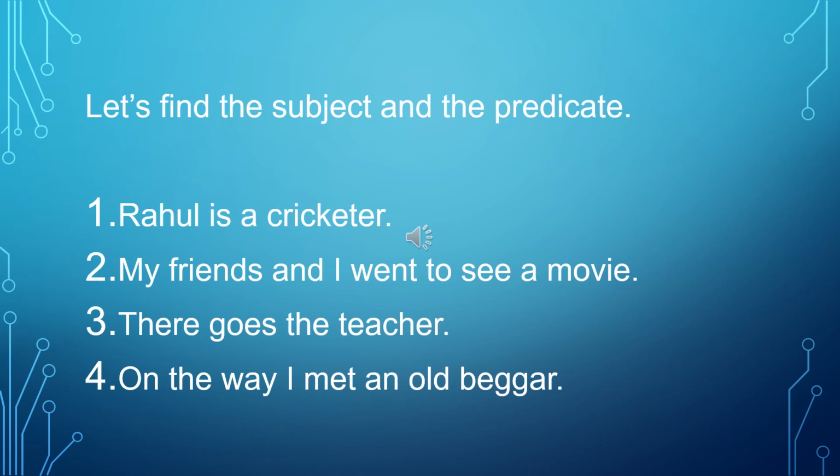Answer is I. So I is the subject here and the rest of the words, on the way met an old beggar, is the predicate in the sentence. So again I say that whenever you are answering the two questions, what and who, the answer to these questions will tell you what the subject is.